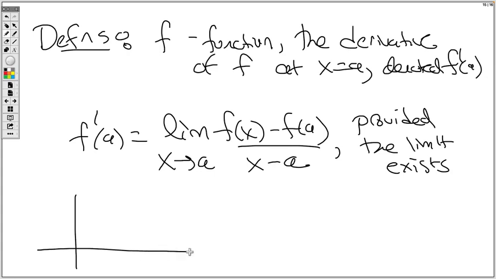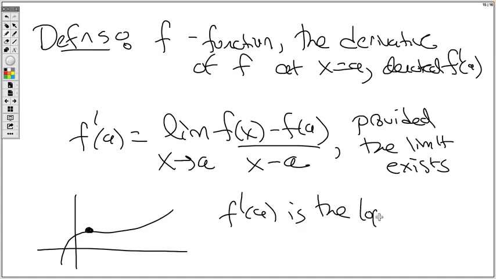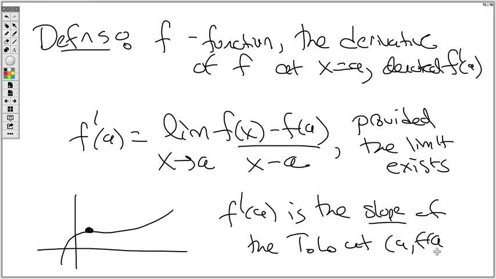Geometrically, what this represents, f prime of a, is the slope of the tangent line at a comma f of a. So I'll draw this a little bit.